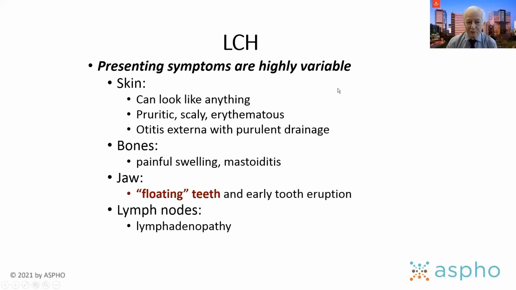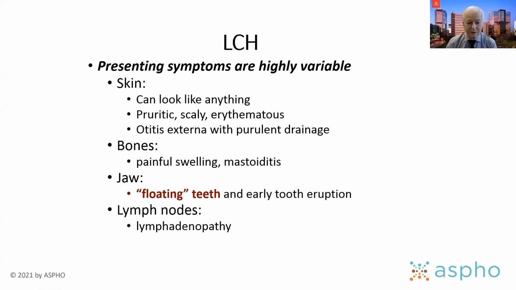Skin rashes are so variable, they look like many of the common rashes of other pediatric patients. Oftentimes they're scaly, pruritic, and erythematous rashes, and involvement of the skin in the ear leads to an otitis externa and purulent drainage.